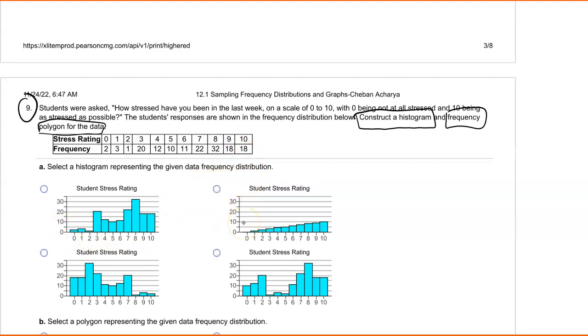This one is the answer for question A. The first response is the correct answer, the others are not. For example, in the second response, the 8 has a frequency of almost less than 5, but that's not correct. 8 has a frequency 32. The height for 8 is less than 10 here, but you have 32 frequency for 8.